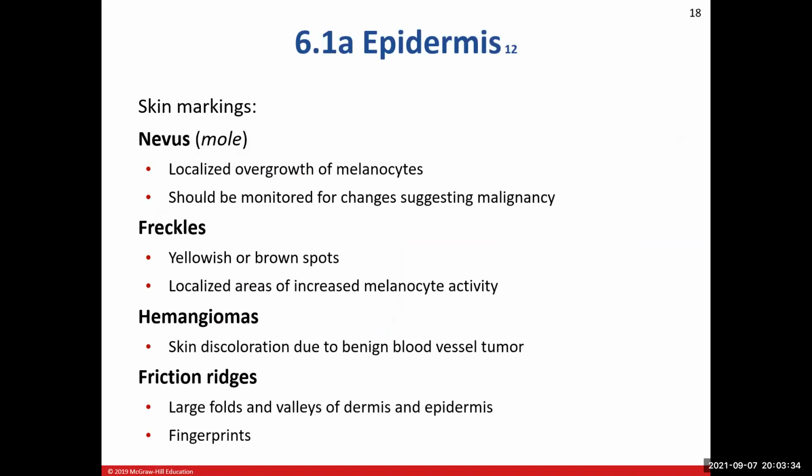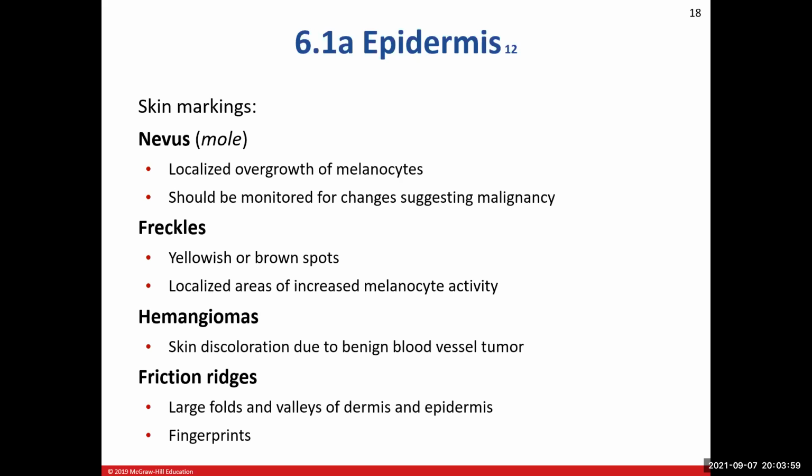All right, skin markings. Let's talk about a couple things that you may have noticed. One, moles, or what we call a nevus. These are a benign growth of melanocytes, but obviously they're prone to malignancy if exposed to too much ultraviolet radiation, for example.